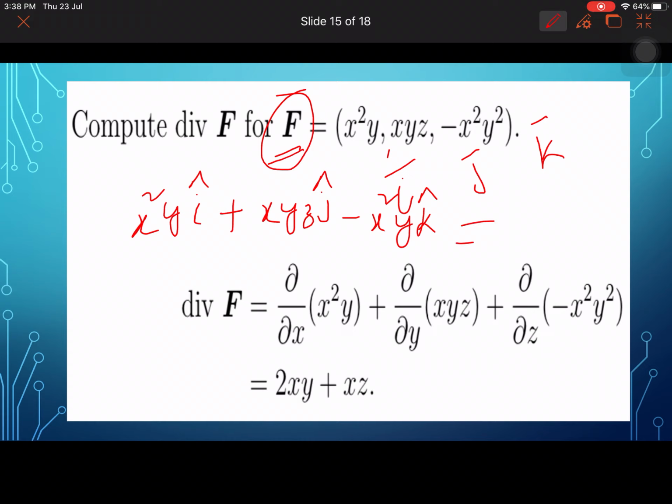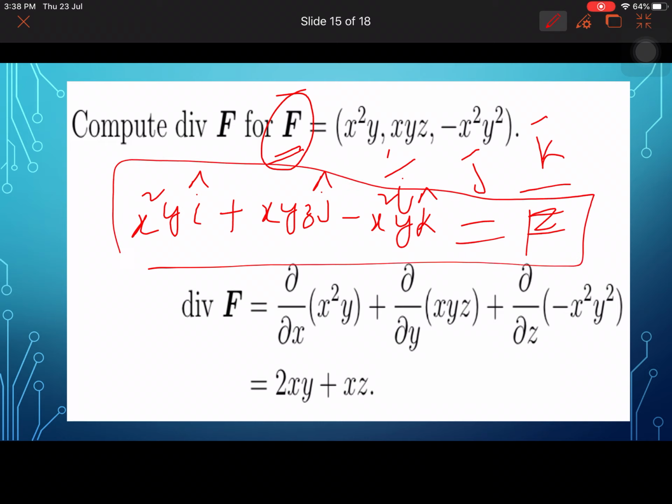So this is function f bar. Okay, this is the meaning. Why I am giving you this problem is because in certain textbooks, please don't get confused that where is i bar, j bar, k bar, sir. It is not written in the textbook, but it is not wrong. So this is also one notation in which the vector function is defined.